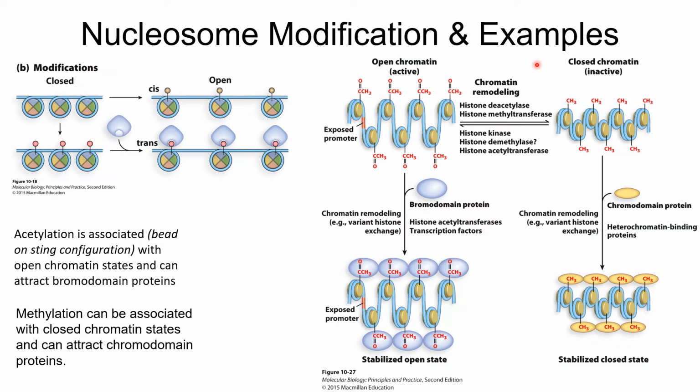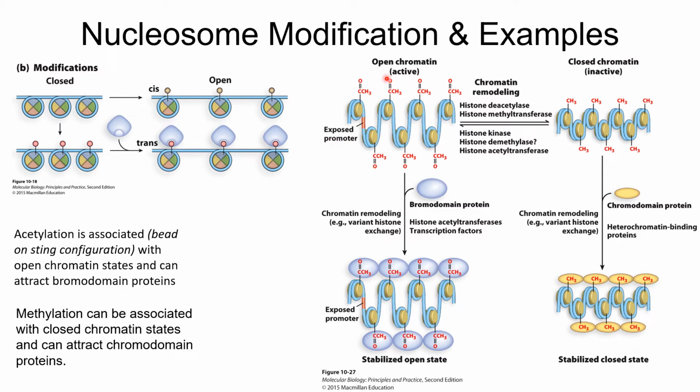Examples of nucleosome modification are shown over here on this right side. The first example is the open chromatin, which is in its active state because we have this exposed promoter available to be read and allows for transcription and translation to occur.